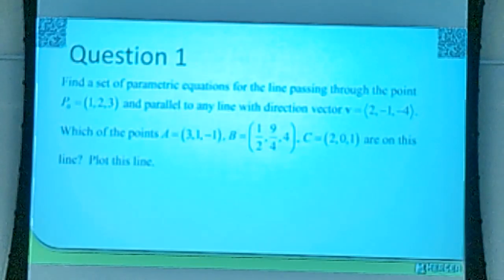Find a set of parametric equations for the line passing through the point and parallel to the line with the direction vector 2, -1, -4.